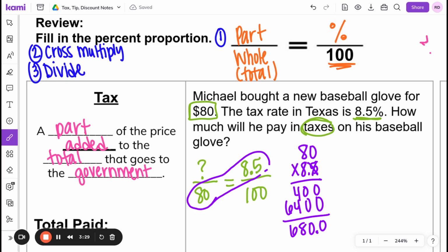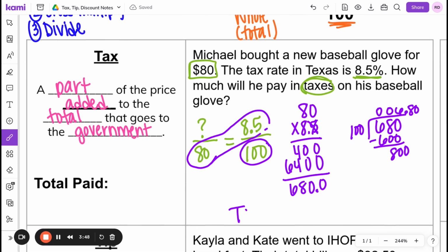Now, that's not the answer because step 3 is to divide by the number that's left. So 680 divided by 100 gives me $6.80 in taxes. So the taxes equals $6.80.